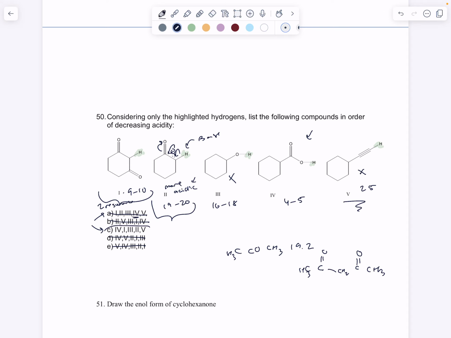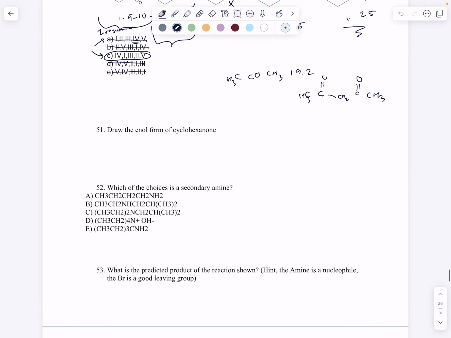So this is going to be the only one that has carboxylic acid as the most acidic, and this alkene is the least acidic. So you could have saved time on that question. I should have approached it that way by looking at what was the most and least acidic and seeing what I could have eliminated.